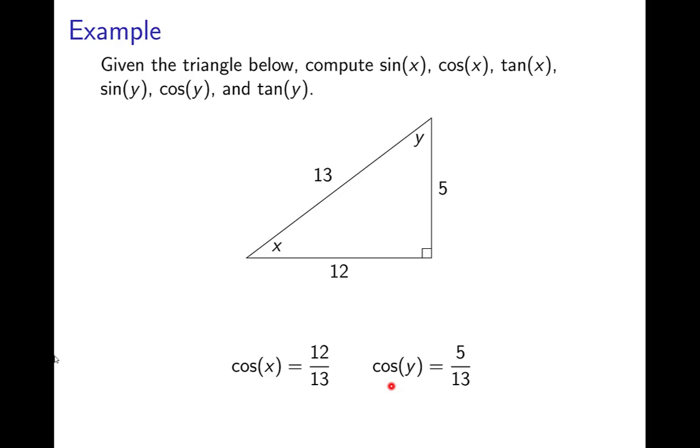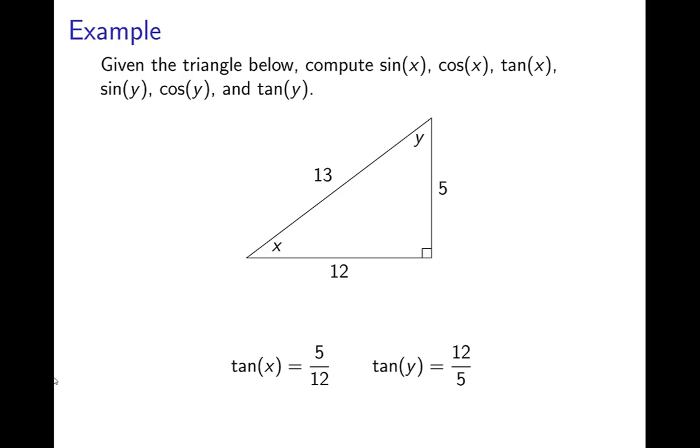For y, the adjacent side has length 5, and therefore the cosine of y equals 5/13. Alternatively, we could have remembered that the cosine is the sine of the complement and transposed our answers for sine of x and y.